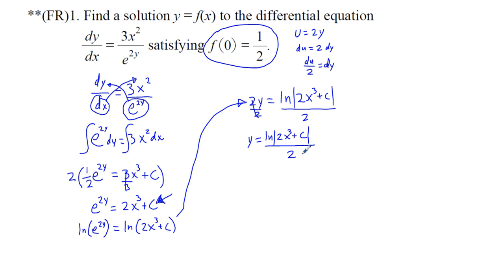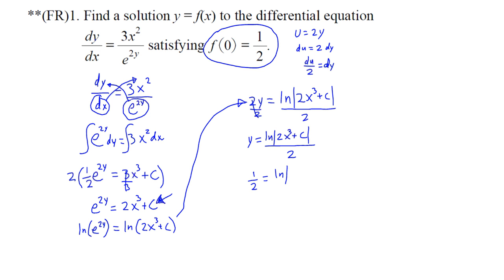Now what we can do is take our initial condition, f of 0 equals 1/2. So we can say 1/2 is equal to the natural logarithm of the absolute value of 2x cubed plus c over 2, but x we found out was 0.